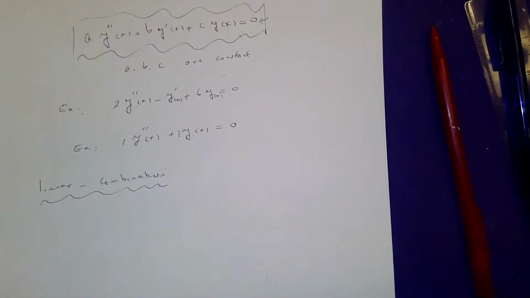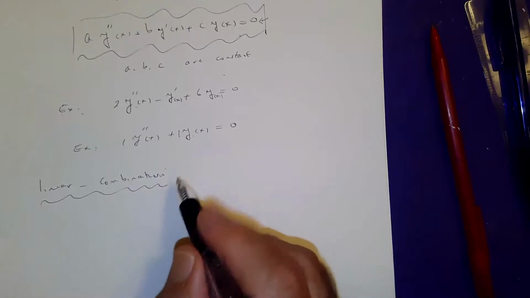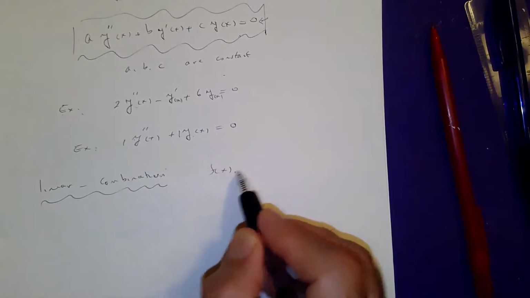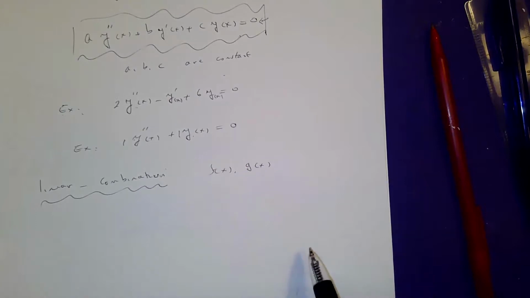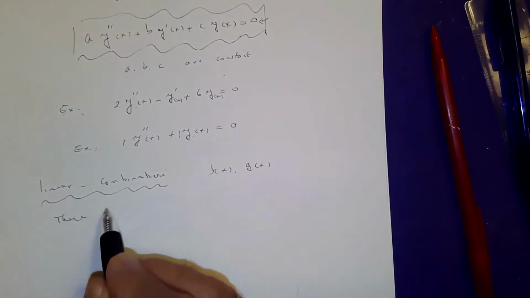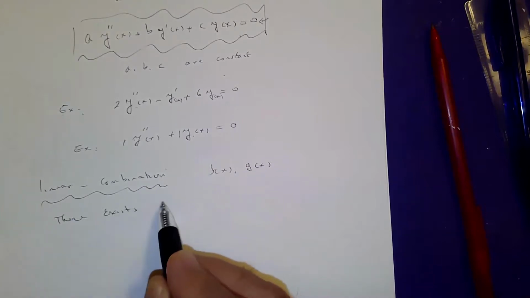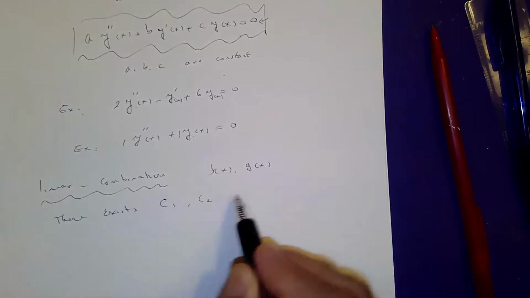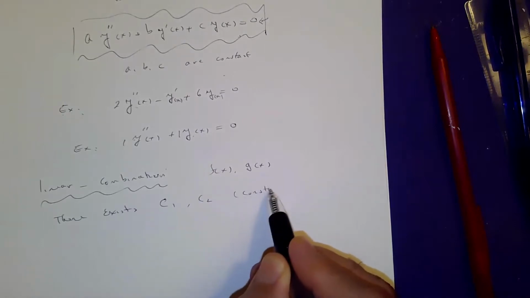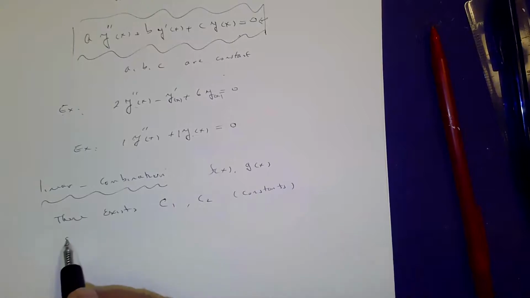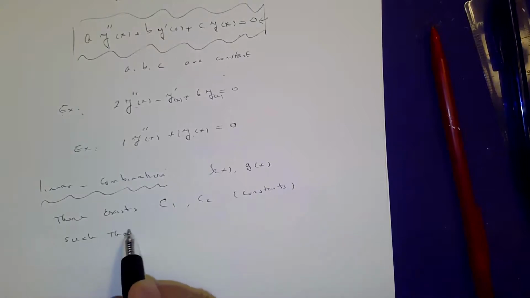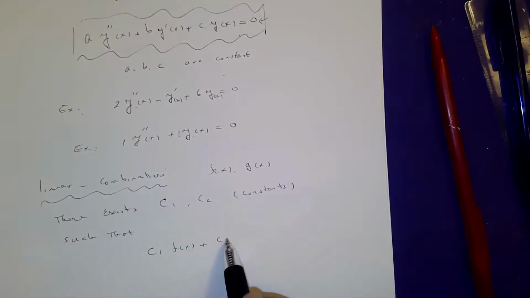It's called linear combination. The definition is, given two functions like f of x and g of x, there exist c1 and c2, these are constants, such that I can form this summation.